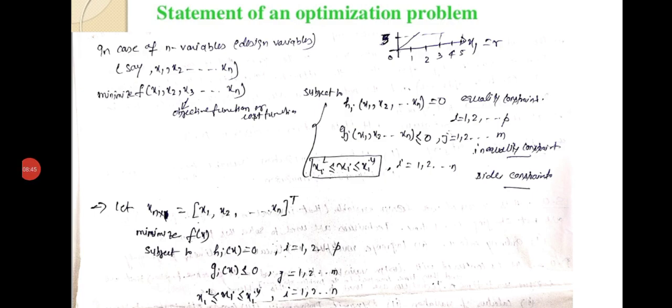In this slide, again I am saying these things. Let's say there are n variables for the design variables, x1, x2 to xn.